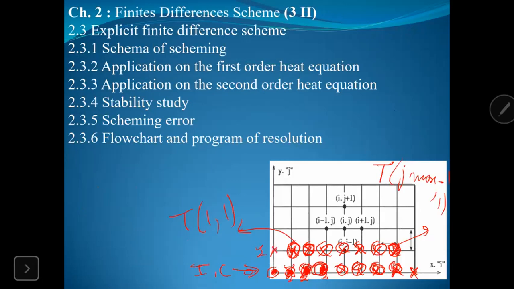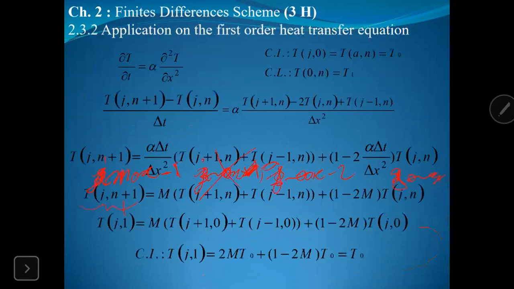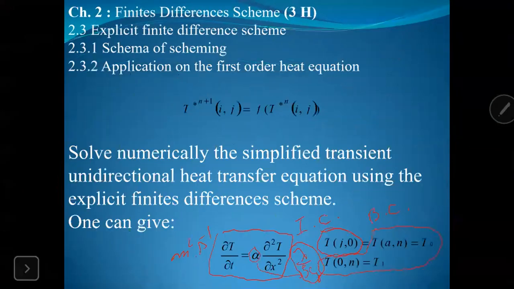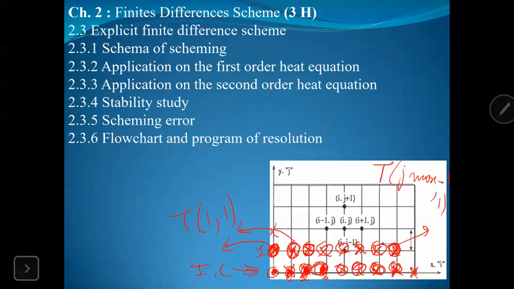T01, this point here, it can be determined from what? From the boundary condition T0, N, whatever N, we have T1. Then here, all these points here are T1.